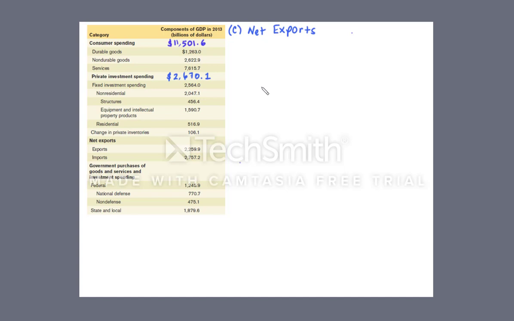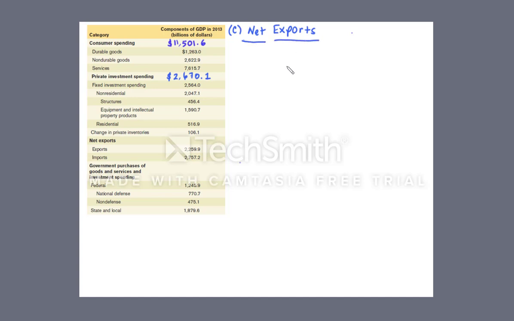Here, when we consider net exports, what we really want to consider is how much did we make by selling our stuff to the rest of the world. And what we want to take away is the amount we've spent on buying stuff from the rest of the world, our imports.